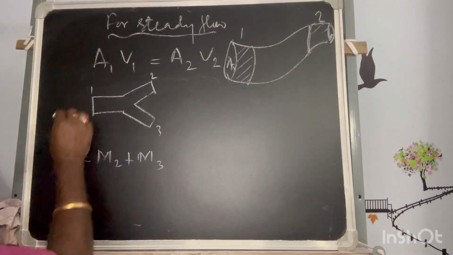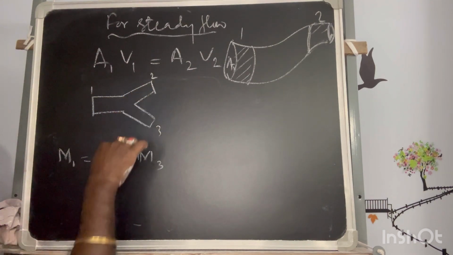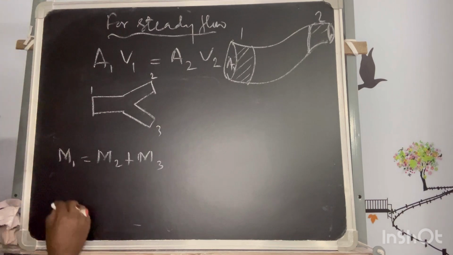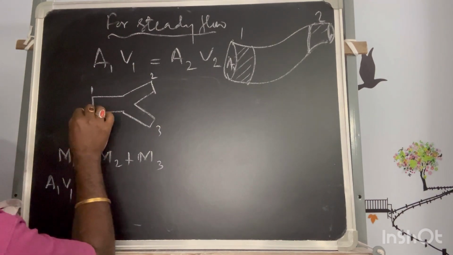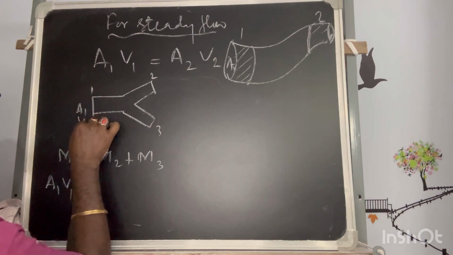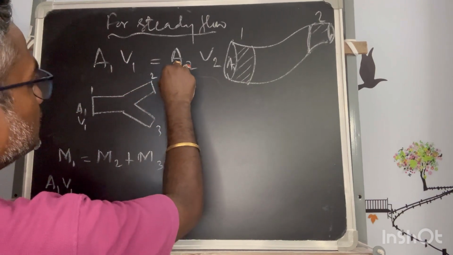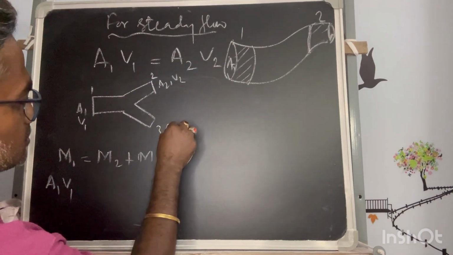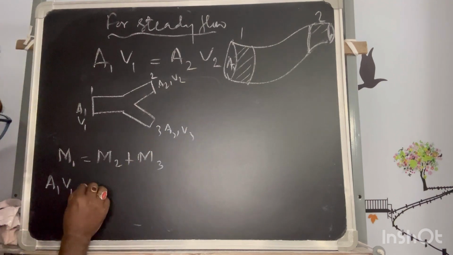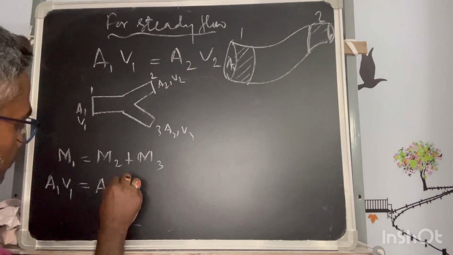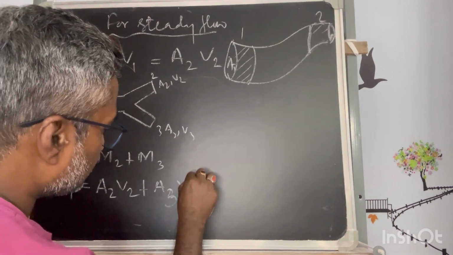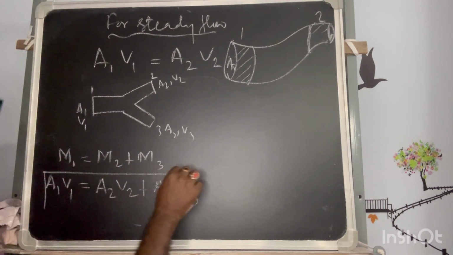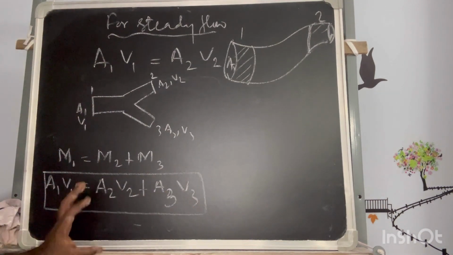That means the fluid flowing through is the same, there is no density change. That means A1 V1, where cross section is 1 and velocity is 1, then cross section 2 and velocity 2, cross section 3 and velocity V3. So this will also be true like that. Understood? Or vice versa.